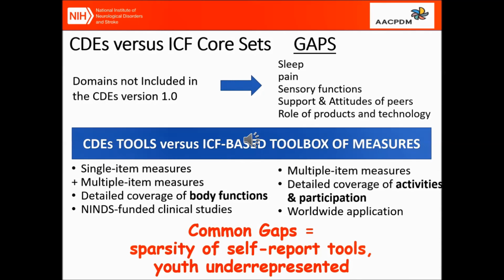However, some relevant areas of what to measure regarding functioning are underrepresented by the current version of the CDEs. These areas will be addressed in future CDE revisions. When we compare how to measure relevant areas of functioning in CP proposed by the current CDE set of tools to the recently developed ICF toolbox of measures for CP, we found that the CDEs include a much more comprehensive set of tools, including single item and multiple item measures.